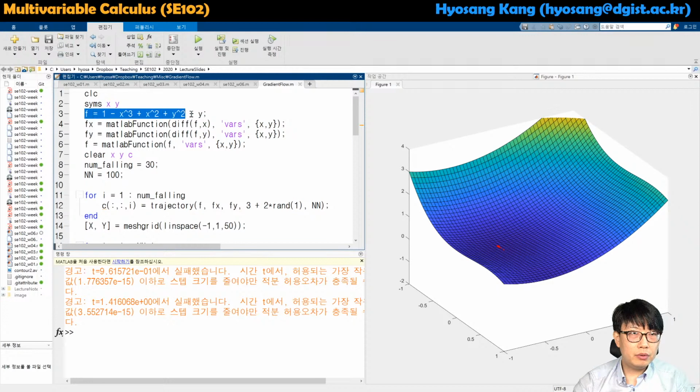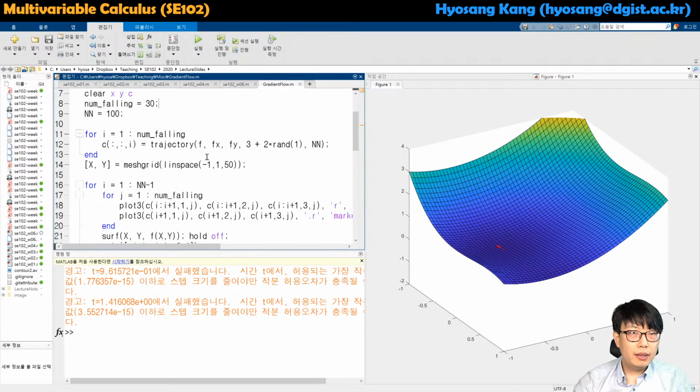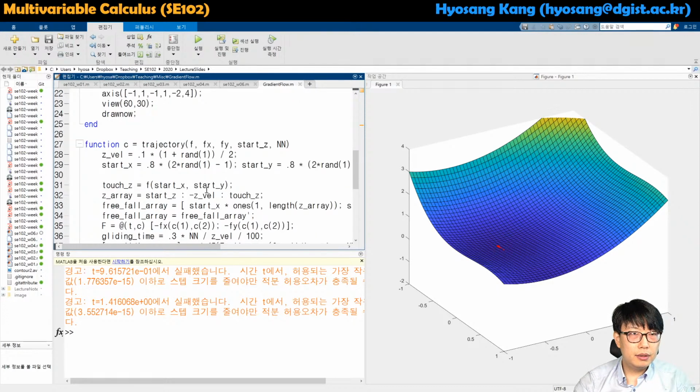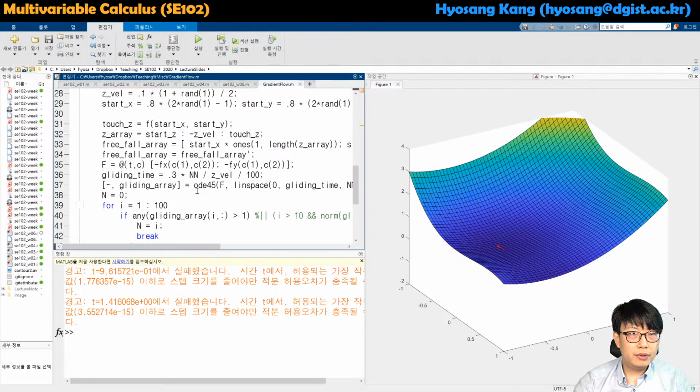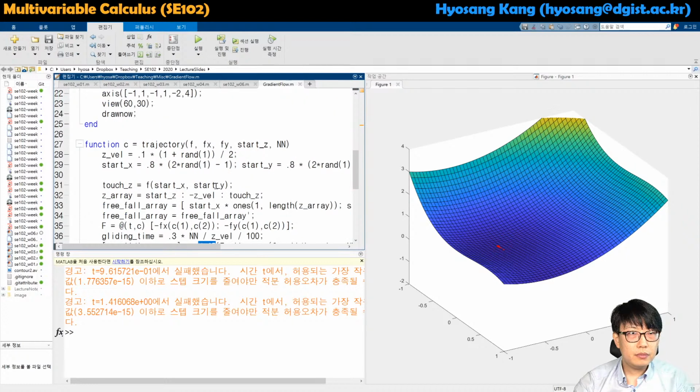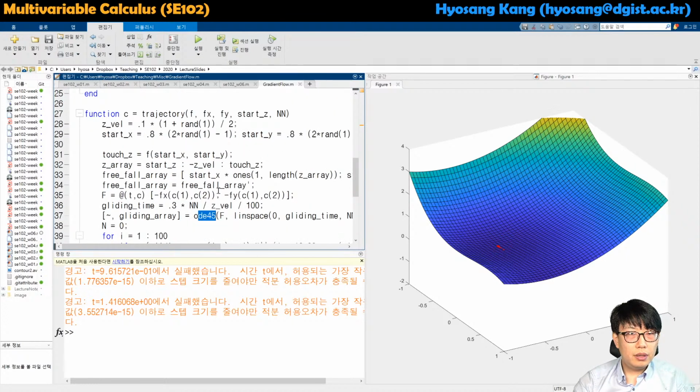Alright, well, anyway, so this is the setup, and where did I solve this? Yes, here. So actually this is inside a function.